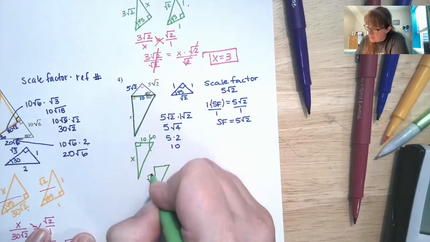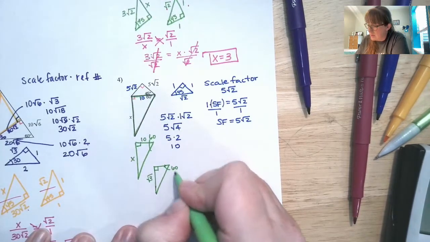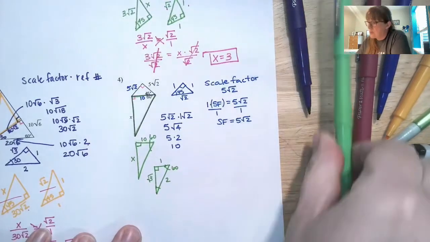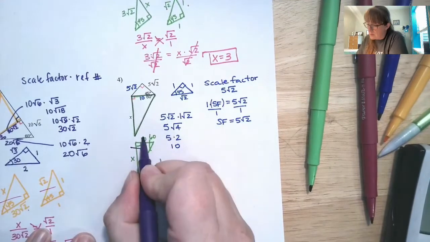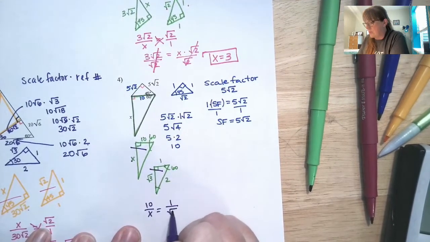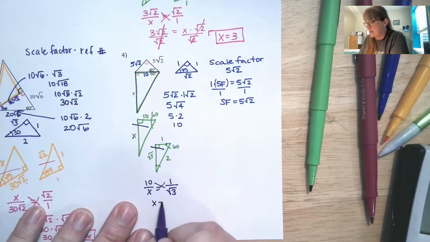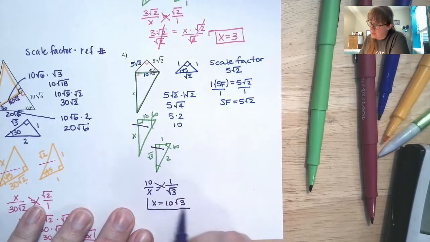So 60 goes square root of 3. 30 is 1. Hypotenuse is 2. So now if we look at this guy, here's our fraction. So 10 over x equals 1 over square root of 3. Cross multiply those guys. So we get x is 10 square roots of 3.